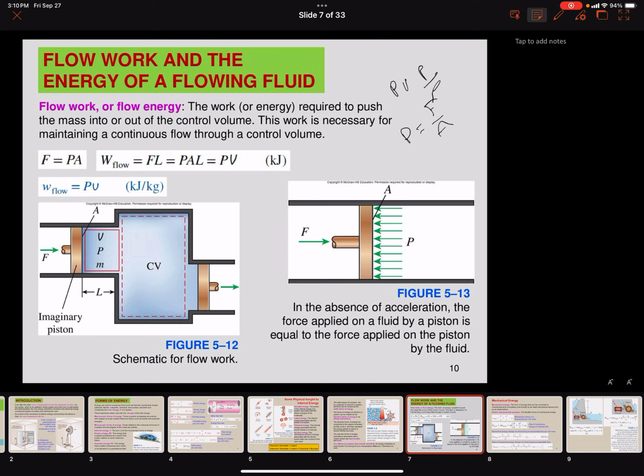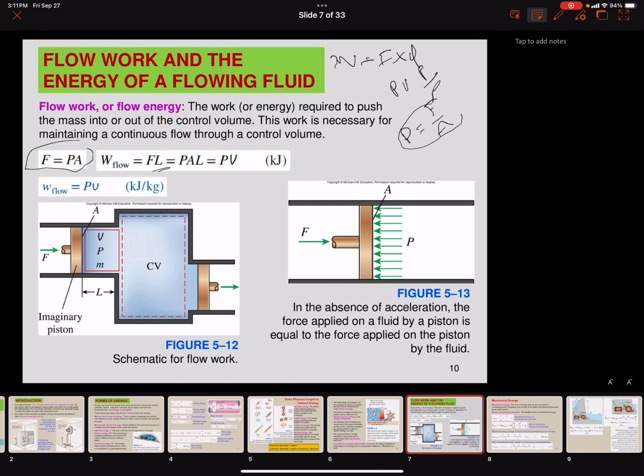Work is equal to force multiplied by distance, so L here represents the distance or displacement.